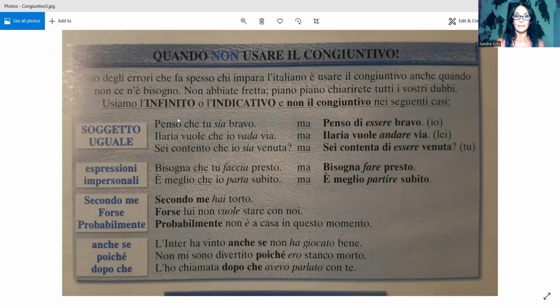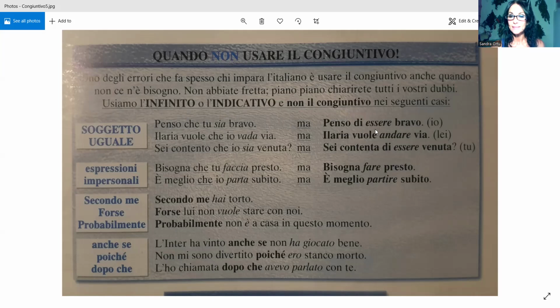So, soggetto uguale. Penso che tu sia bravo. I think that you are good at something, or doesn't matter. However, penso di essere bravo. If I think that I am good, I'm not going to use subjunctive instead.